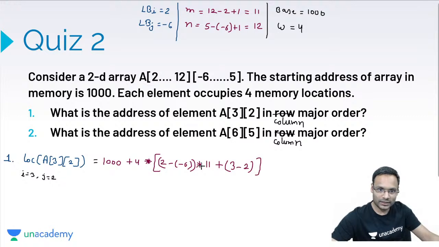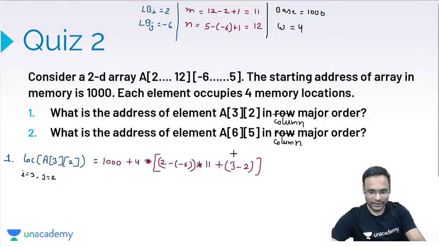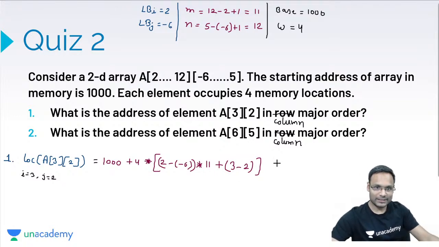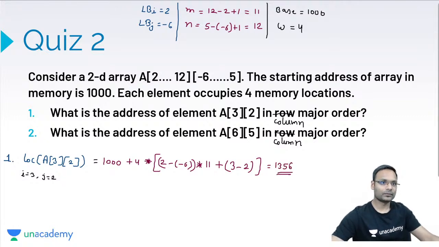How much is it? 8 into 11, 88 plus 1, 89 into 4. 89 into 4 is 356. So it will be 1356. That will be the correct answer.